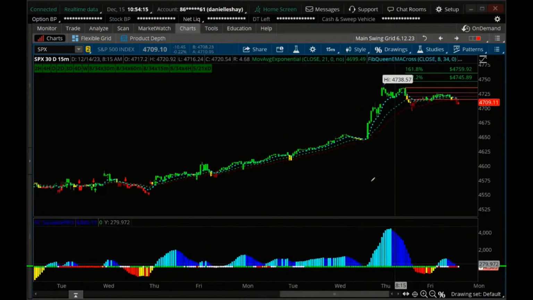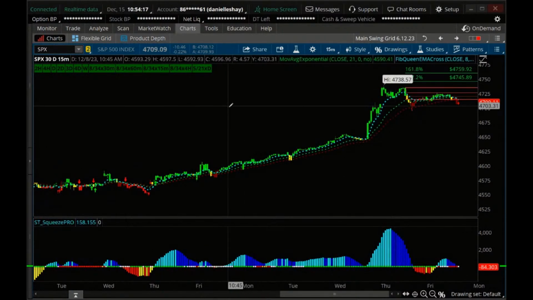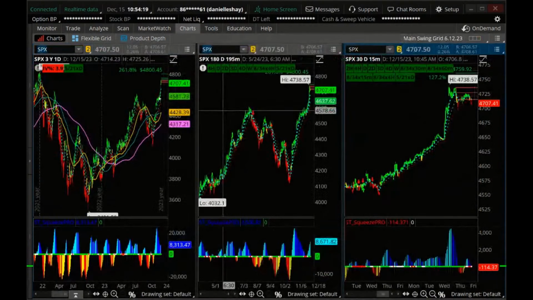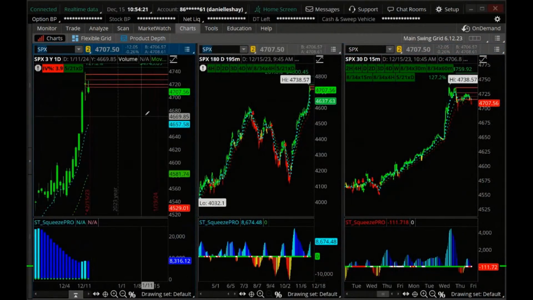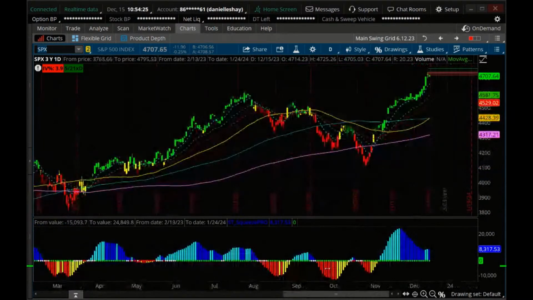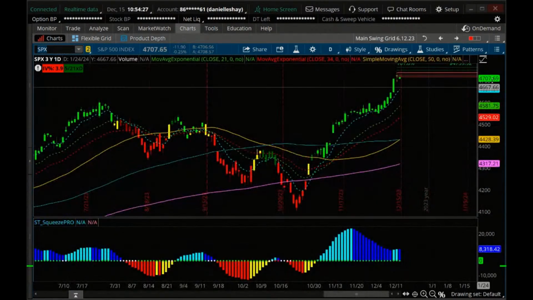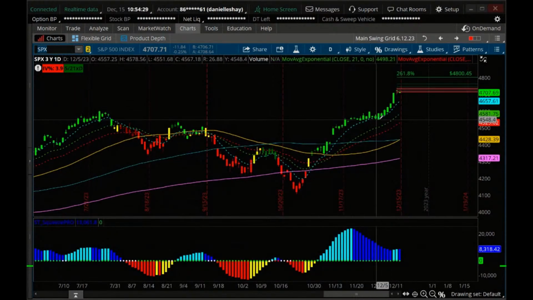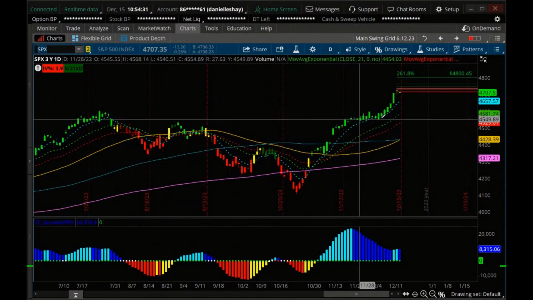Generally, if I was going to do that, I would probably only do it on the SPX, because with the SPX, you can use a wider, like $50 range, especially if something's consolidating for a week or two.